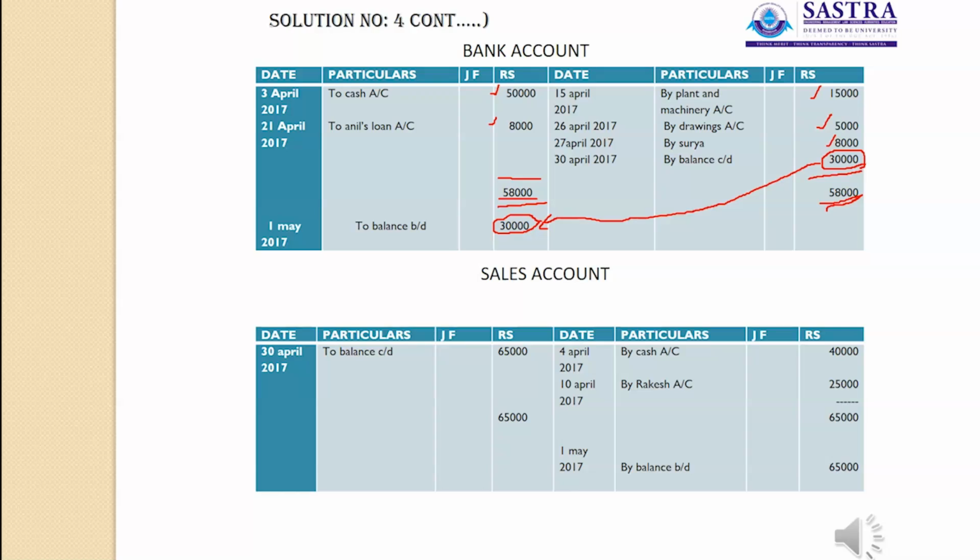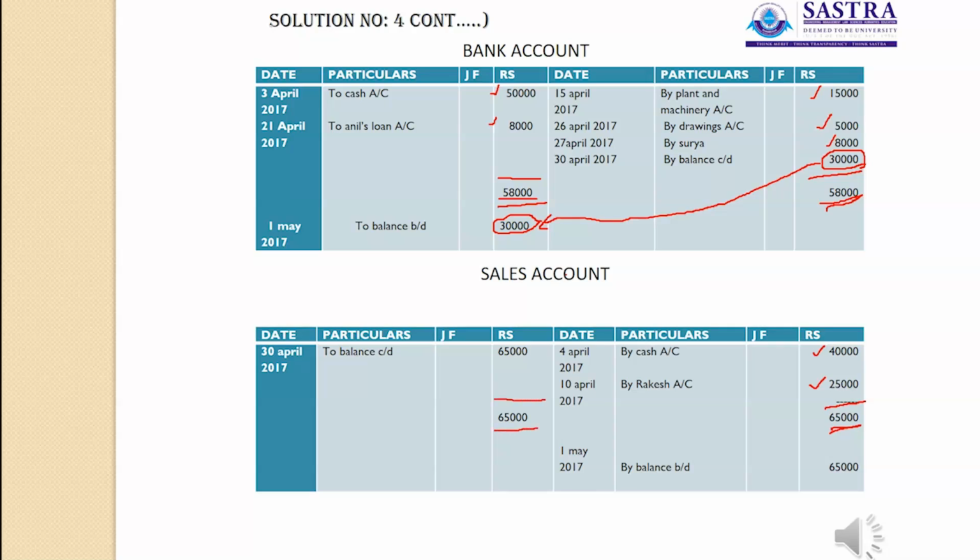The next account is the sales account. Sales account, 4th April 2017, by cash account rupees 40,000. 10th April 2017, by Rakesh account rupees 25,000. So the total is 40,000 plus 25,000, sorry, 65,000.